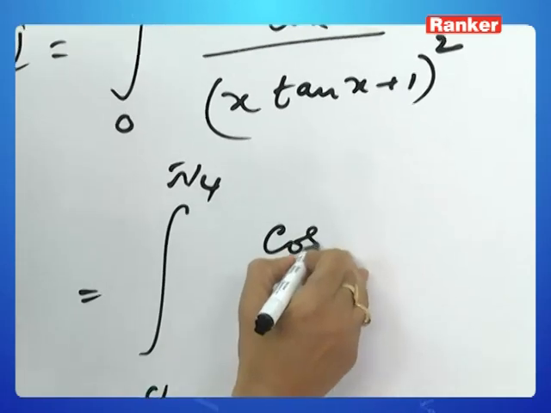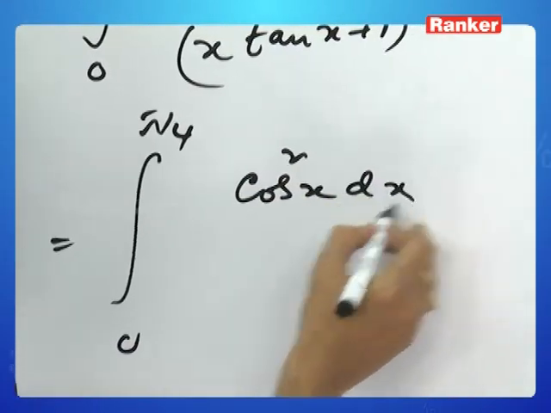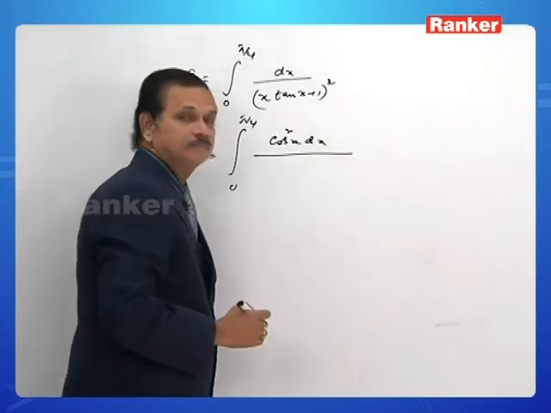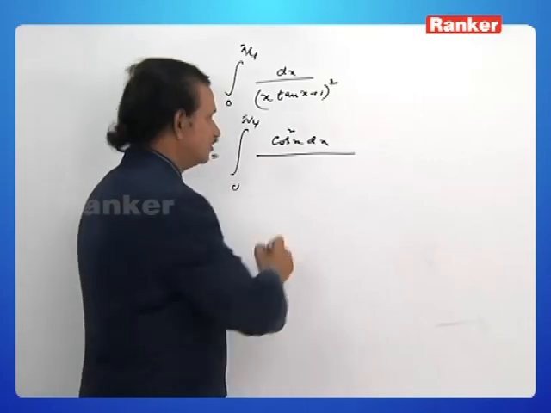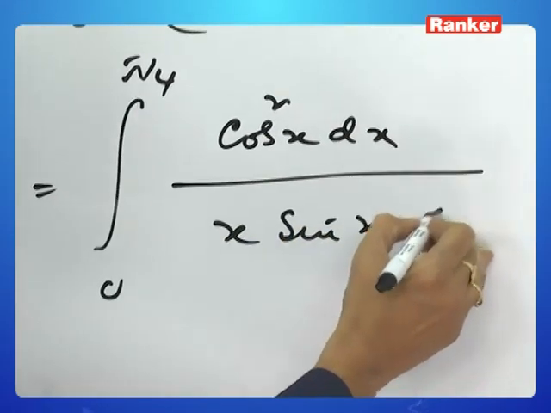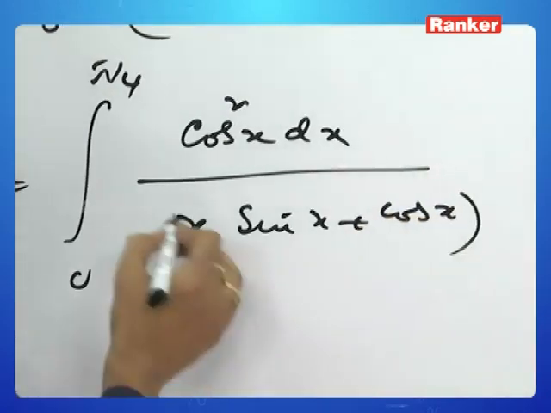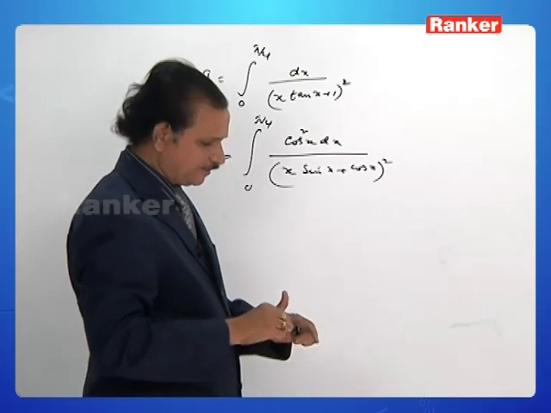I am multiplying both numerator and denominator with cos square x. What happens? This is (x sin x plus cos x) whole square, isn't it? You can explain this step in two different ways.